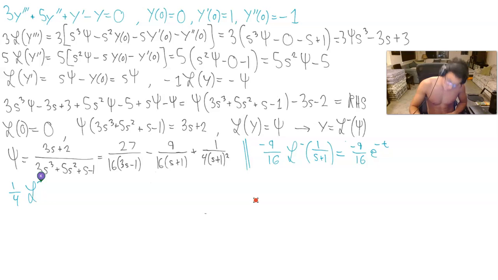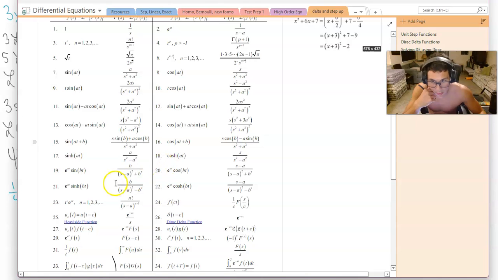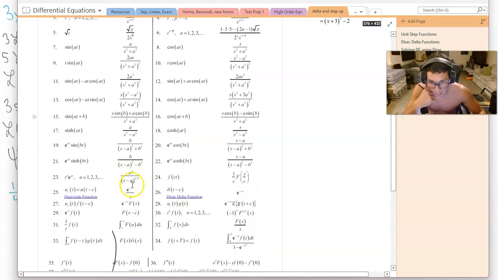Laplace inverse of 1 over s plus 1 squared. And then again, what you do is look at the table and think, what matches here? This one looks like it matches.